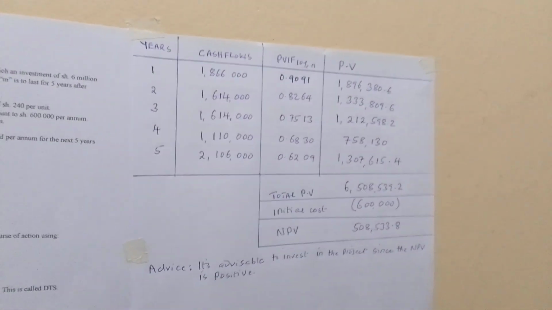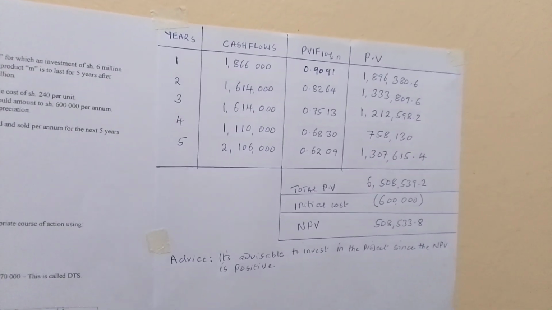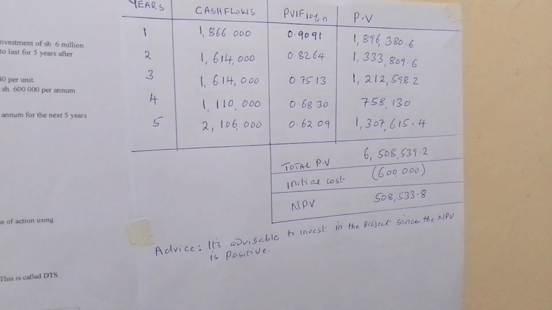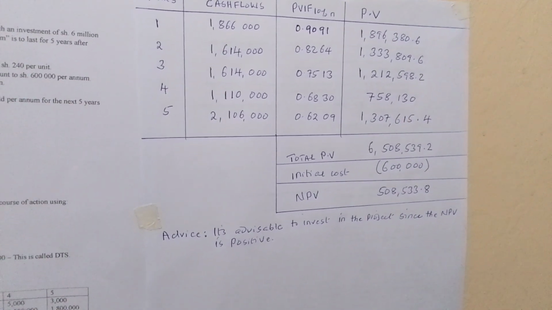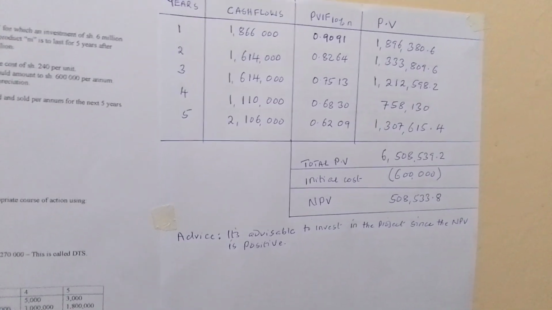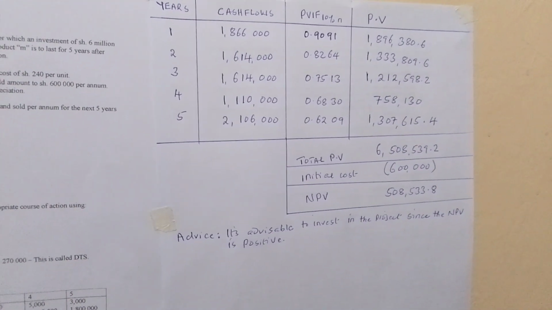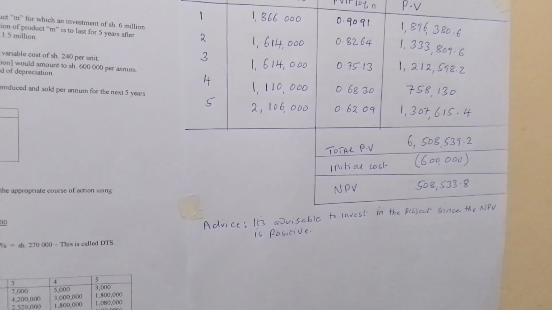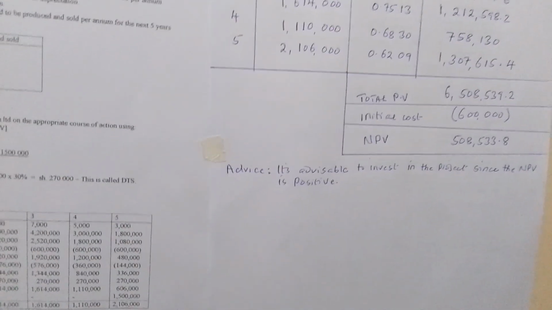We've said that where the net present value is positive, then the project should be accepted. So to advise Kiwanda Limited using net present value, we should advise them to accept the project simply because the project has a positive net present value.